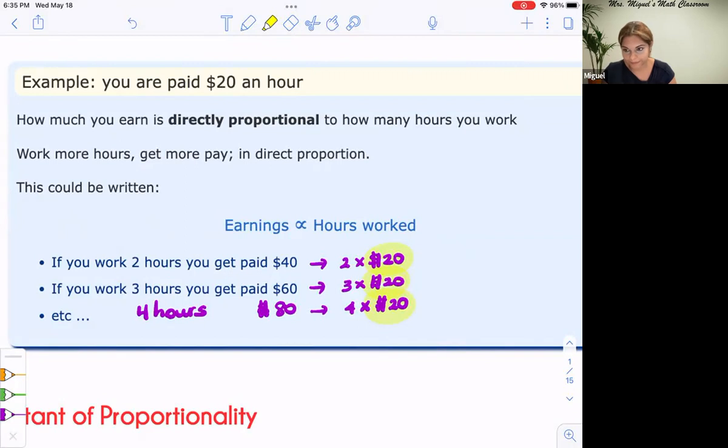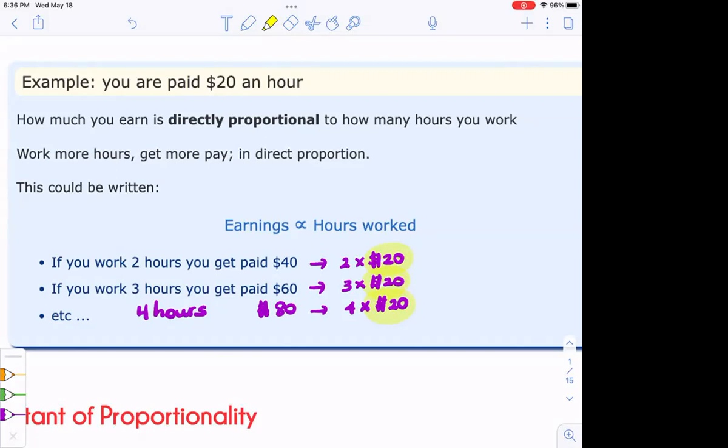So for example, if Brittany and Brenda are working in the same place, earning the same rate, Brittany worked 5 hours, but Brenda only worked 3 hours. Which one of the two girls will get more money?